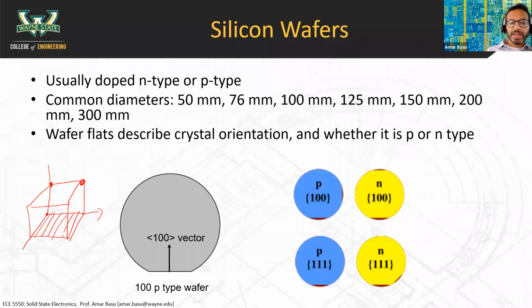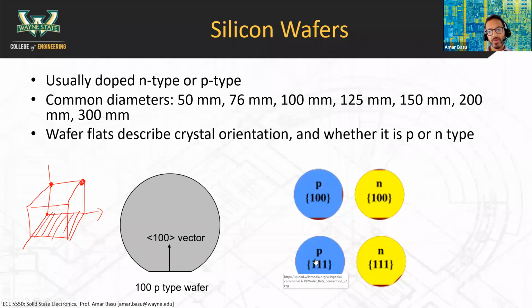When we go to cut our ingot, we cut it horizontally like that. And we would get the 100 plane. So a 100 wafer means that the surface of the wafer has the same atomic distribution as the atomic distribution on the 100 plane here.